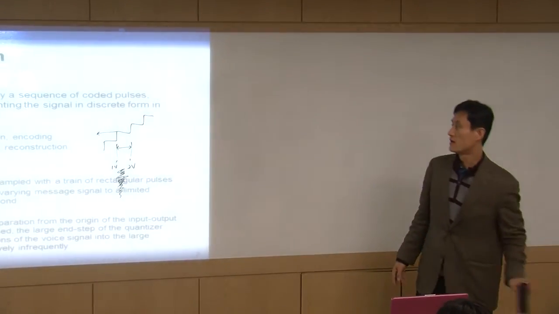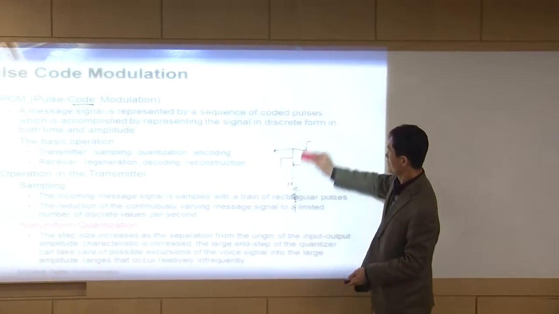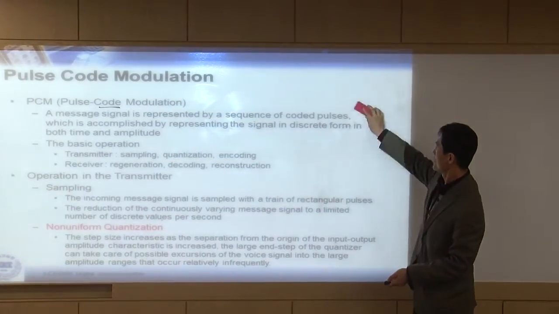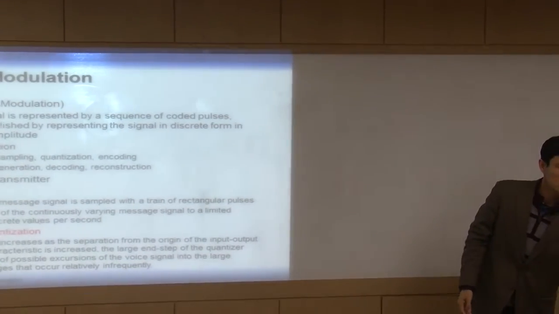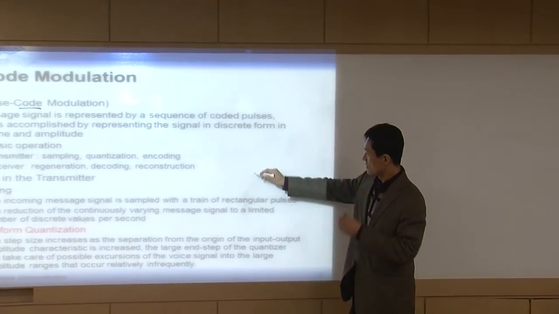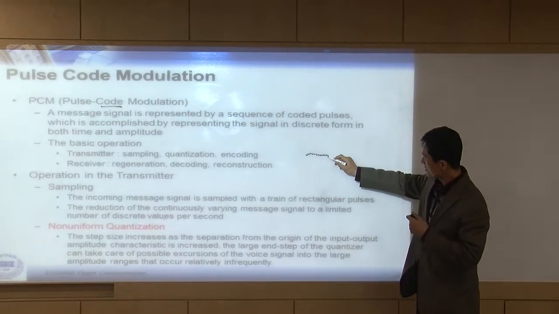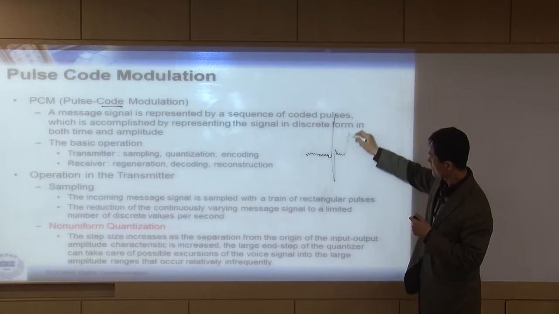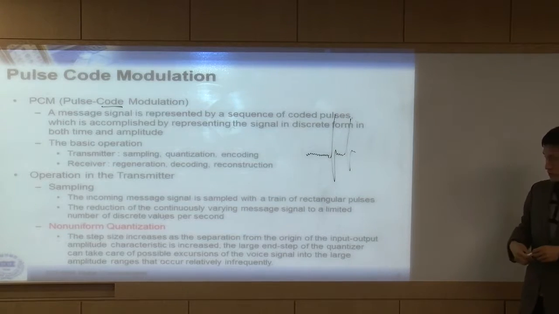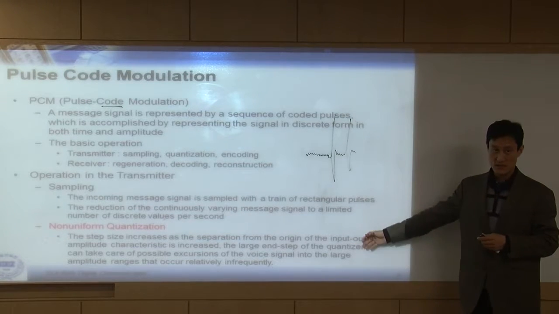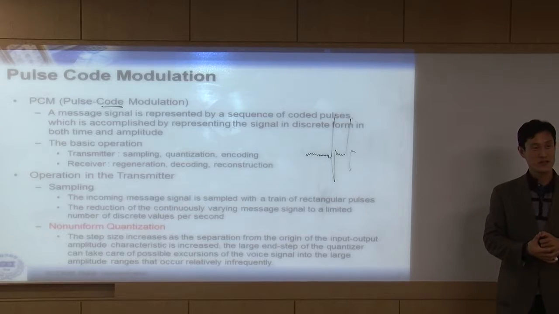Because of these two problems of uniform quantization, for particular signals, where most of the time you have a very tiny signal and sometimes a very big one, we need a non-uniform quantizer. But this is very difficult to make in hardware.